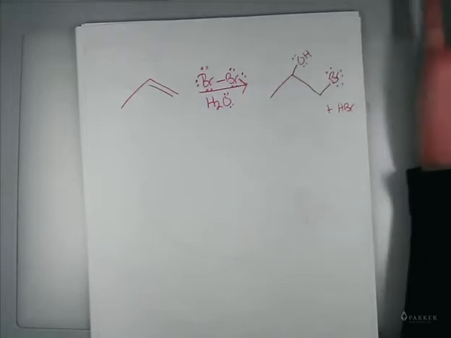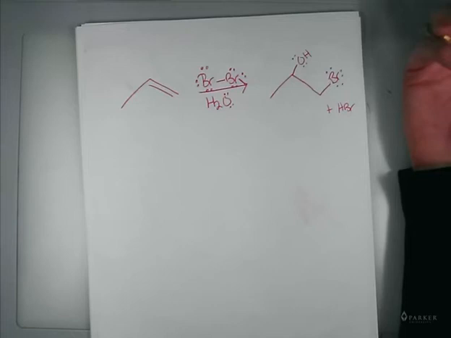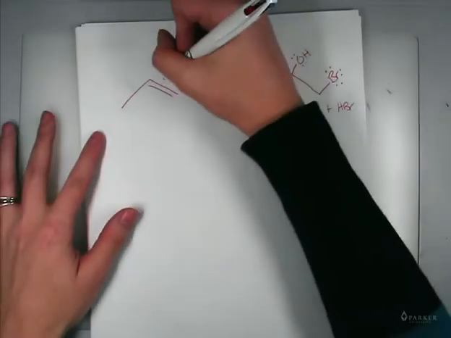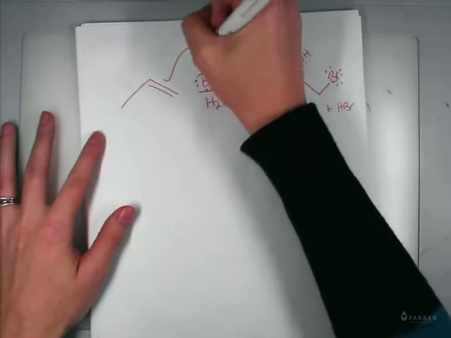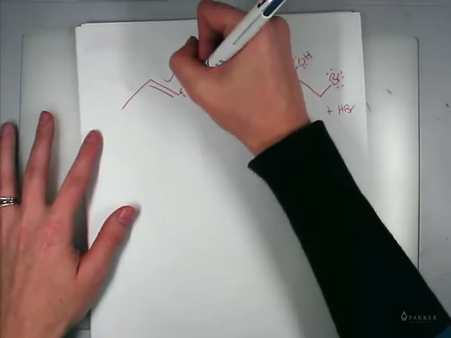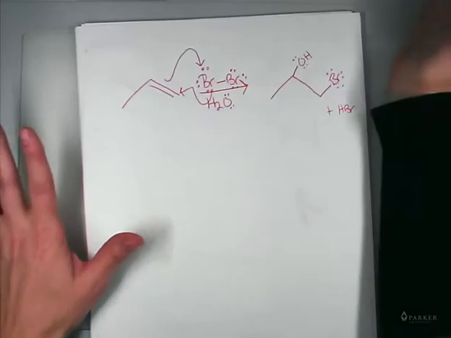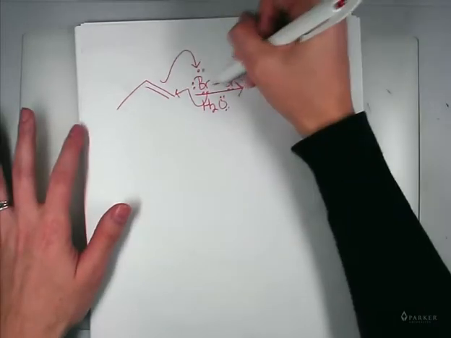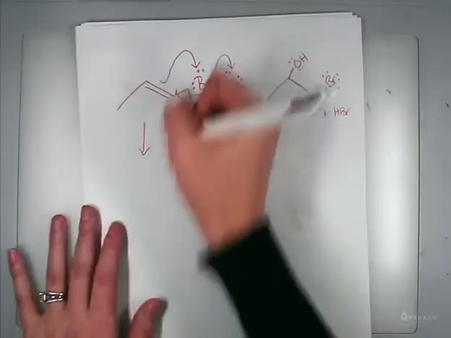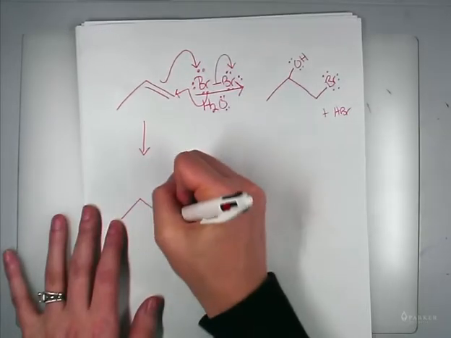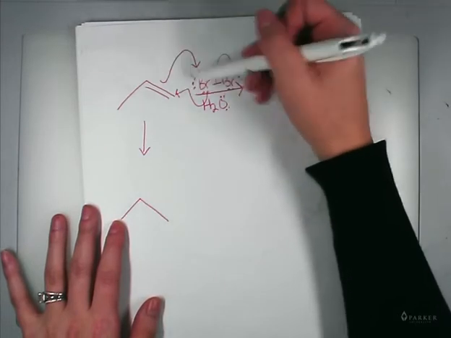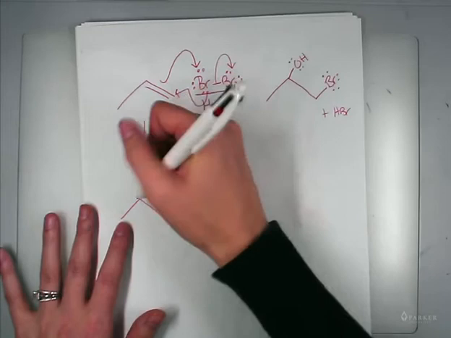This mechanism is going to start off exactly the same. So what's the first thing that happens? The double bond will do what? Go to the Br, and at the same time, bromine goes to the double bond. And then what happens with this bond here? Go to the Br and break. And what will this look like, this little crazy arrow thing I have here?